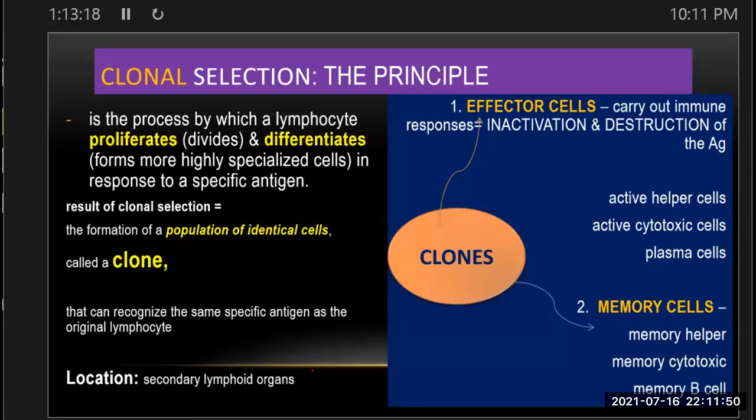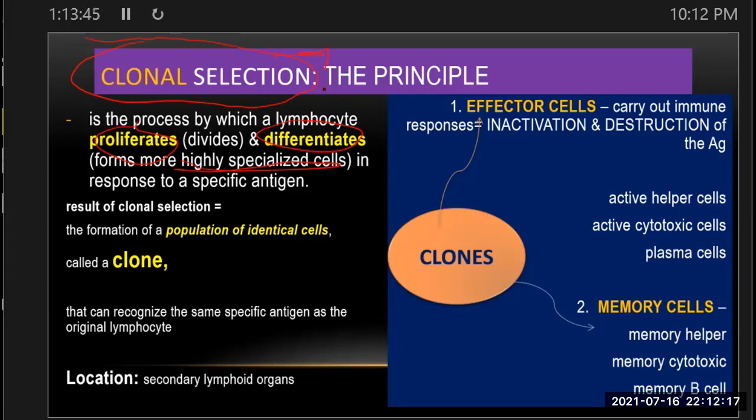Next, we have clonal selection. What do you mean by that? This phrase is common in immunology, but hardly understood. To simplify, clonal selection is the process by which a lymphocyte divides or proliferates, and differentiates into more specialized cells. Clonal selection happens only in response to the presence of a specific antigen.